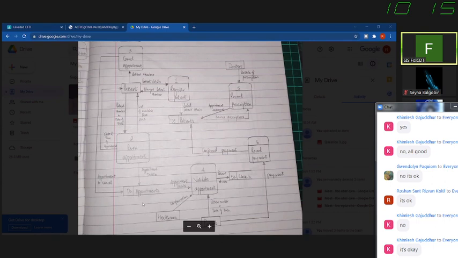You have to get the patient appointment details. So there should be an input from appointments to cancel appointment. Then you get an output about update appointment. So this is the cancel appointment.